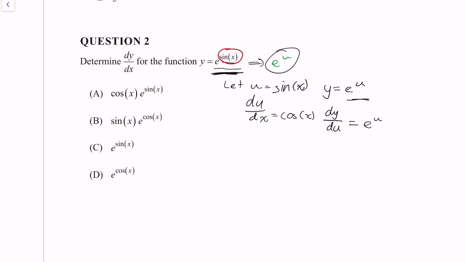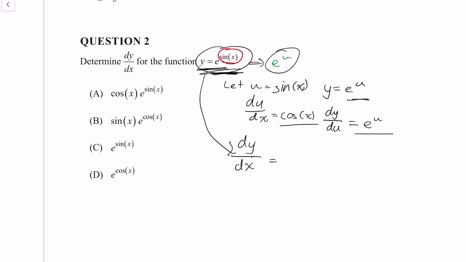From that we know that the derivative of the original equation, deriving this whole thing, is just going to be the multiplication of these.